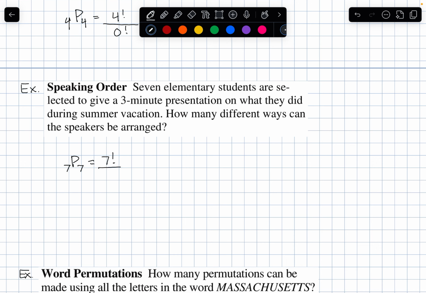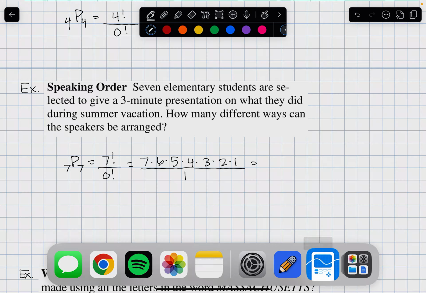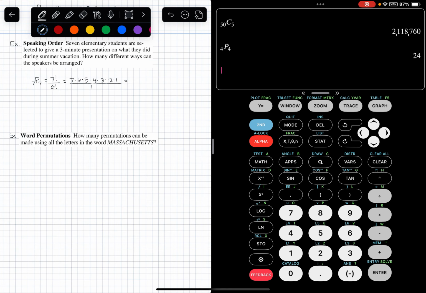N is 7, 7 factorial. N minus r is 0, 0 factorial. We know the bottom's just 1. The top is 7 times 6 times 5 times 4 times 3 times 2 times 1. And that's one I don't want to do in my head. So we're going to grab our calculator and use the shortcut.